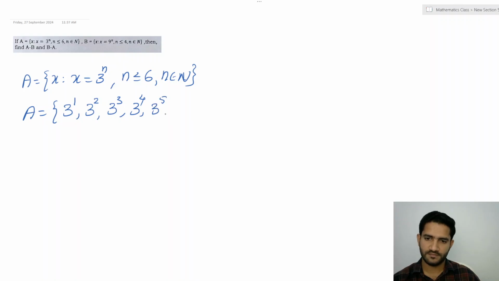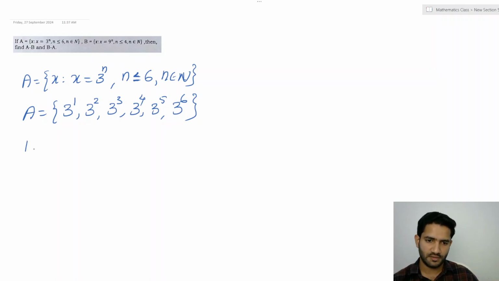3 raised to n. So we can find the set. The elements in this set, we have natural numbers starting from 1. So 3 raised to 1, 3 square, 3 cube, 3 raised to 4, 3 raised to 5, and finally n is less than or equal to 6, so we take n is equal to 6: 3 raised to 6.